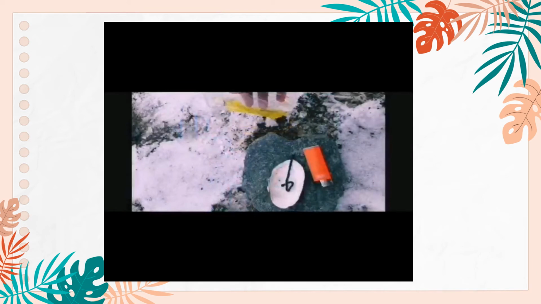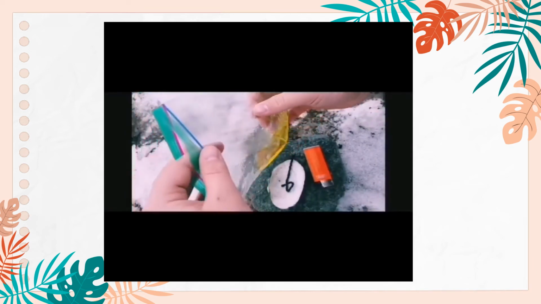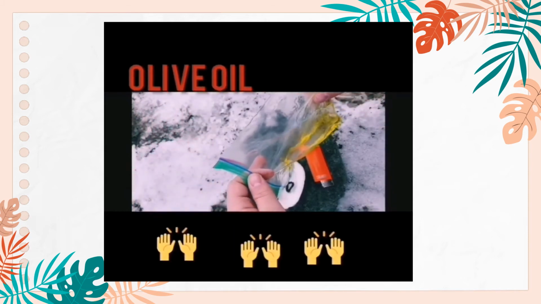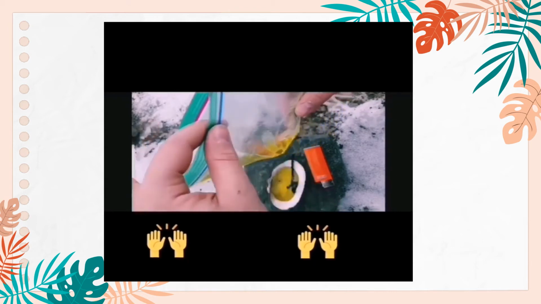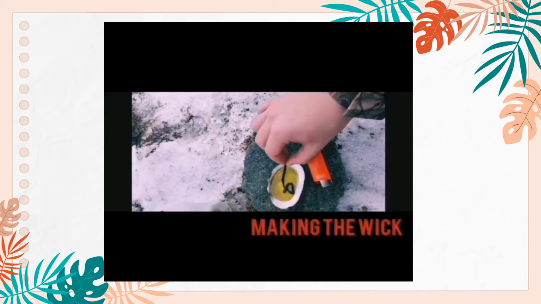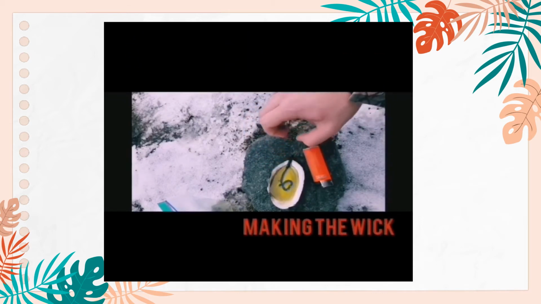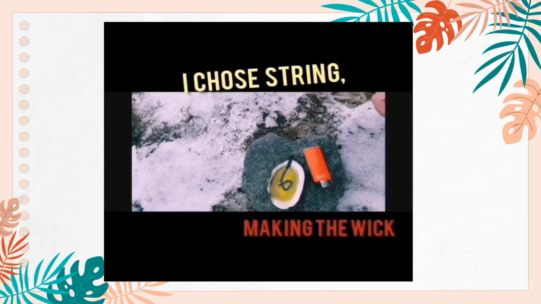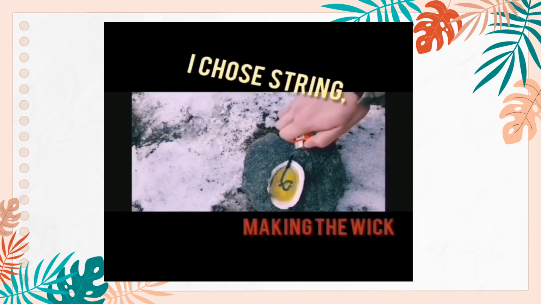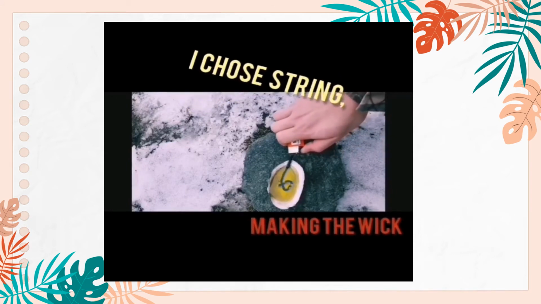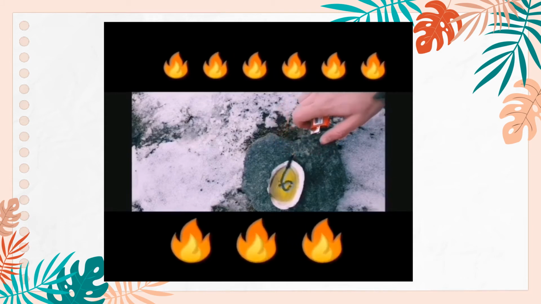Okay, first we need to fill the shell with olive oil. And then make the wick using anything that can soak up the oil, such as string or cotton pad. In this video, I chose string. Stick out half of it, and the other side to get lit well. And then let's light up our wick.